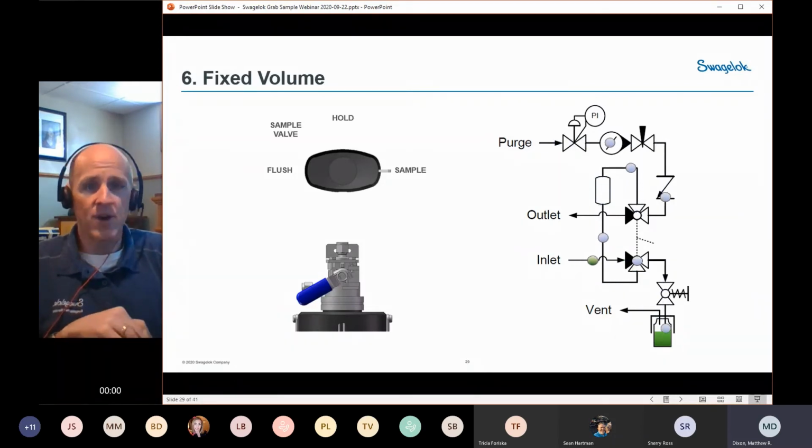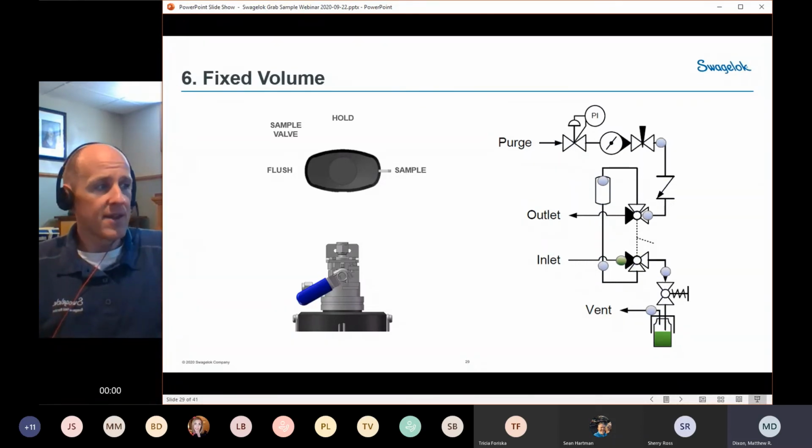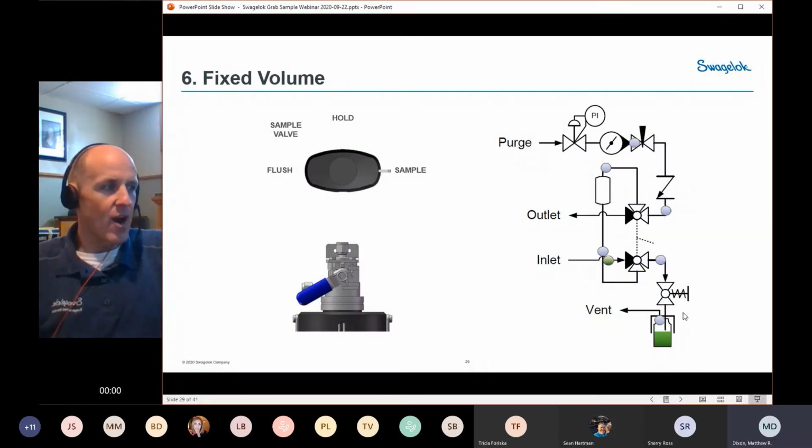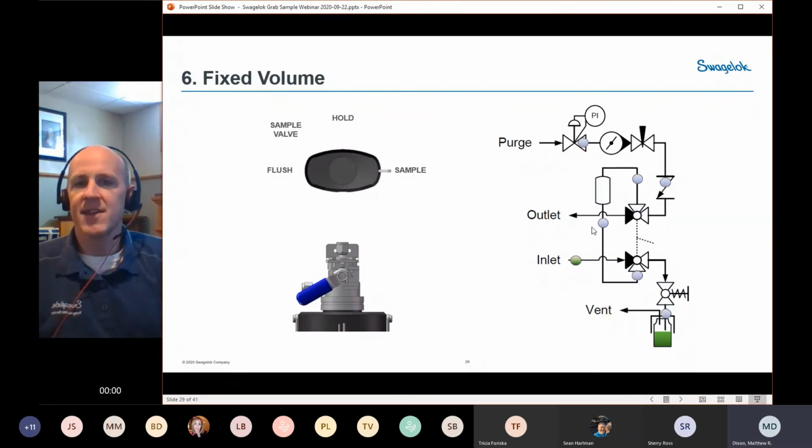Another nice advantage of a fixed volume sampler is that you are isolating this bottle from a potentially high process pressure. If you have a high process pressure, you don't necessarily want to open the valve on your sampler and allow that flow to come blasting through into your bottle. However, with this one, as soon as we make that switch, this sample is really at the pressure of this purge gas, and that purge gas is at a nice low pressure.